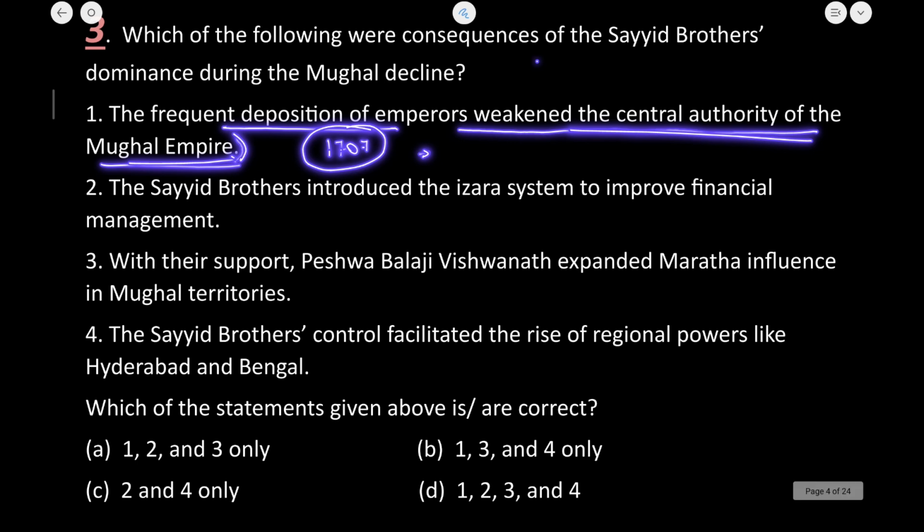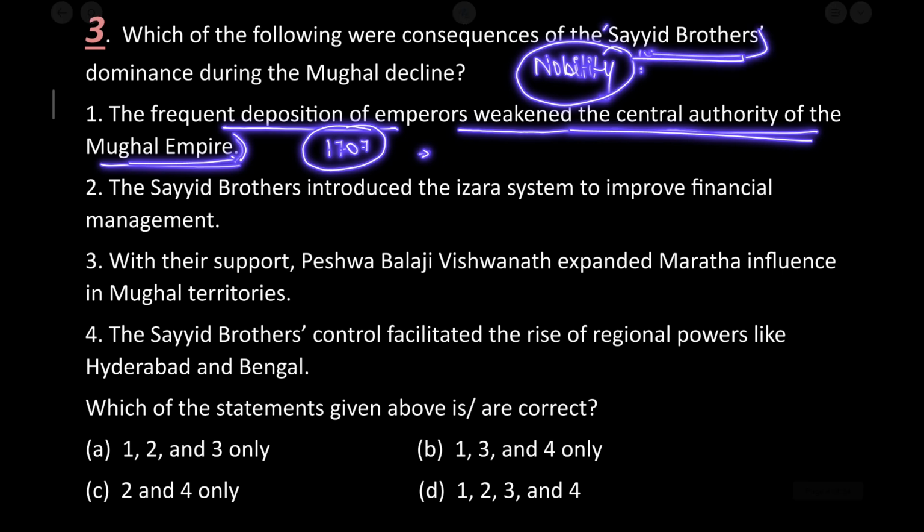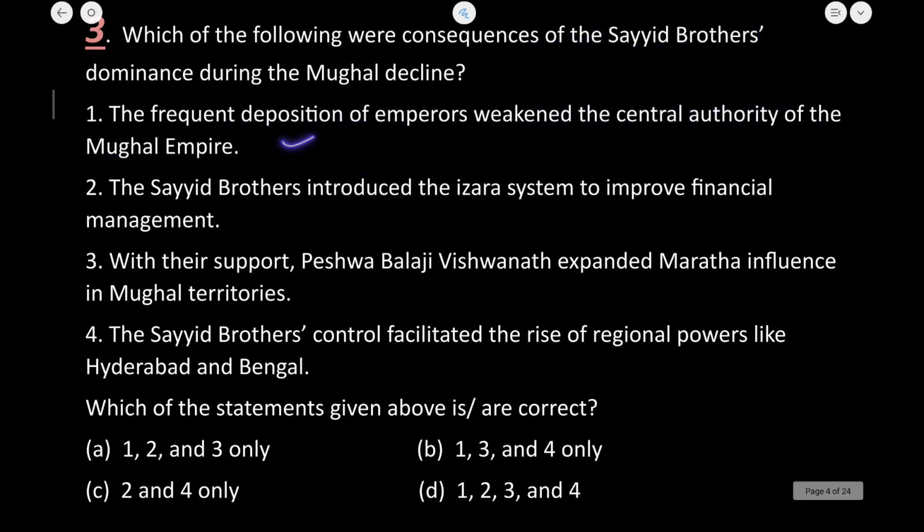Also, the emperor's control over the nobility decreased, and ultimately they started conspiring. This conspiracy was shown first by the Sayyid brothers, as they were known as the kingmakers. So it was not a hereditary system anymore. It was a sort of conspiracy, in which these Sayyid brothers had a very good hold. Okay, they were the kingmakers. So the first statement is absolutely true.